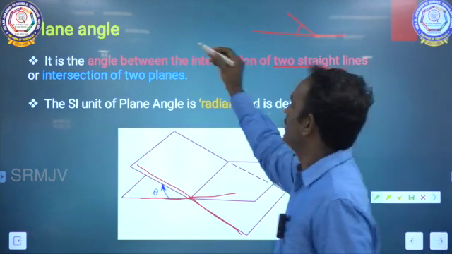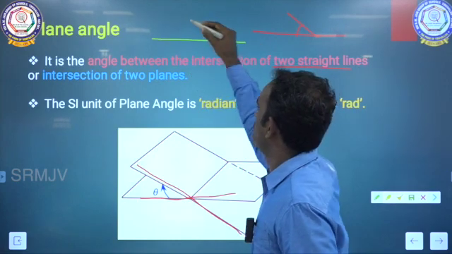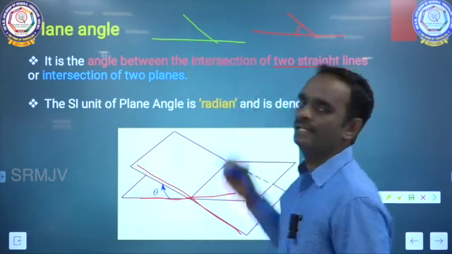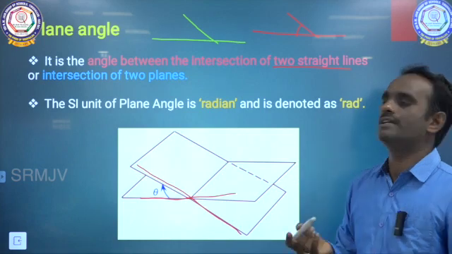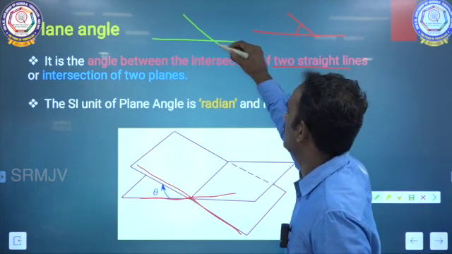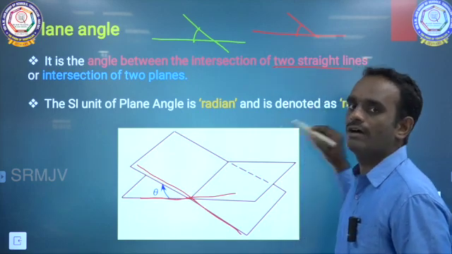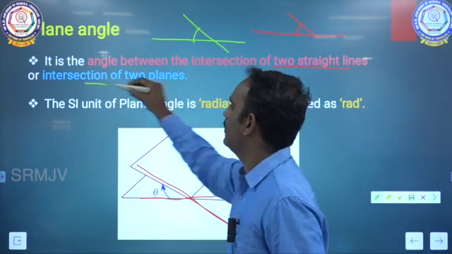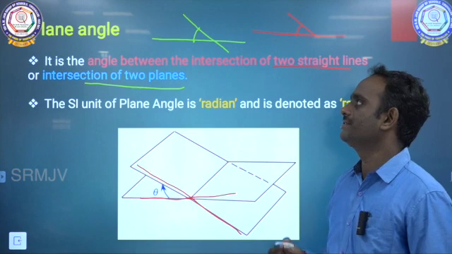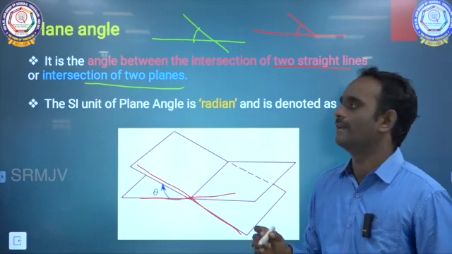Once again I am repeating, the angle between the intersection, intersection means cutting. So, intersection of two straight lines or intersection of two planes, that is called plane angle.